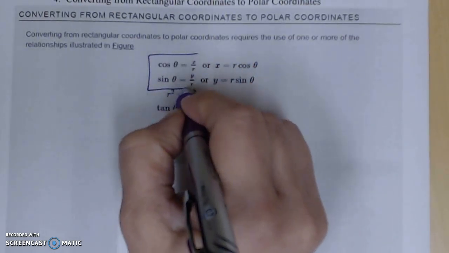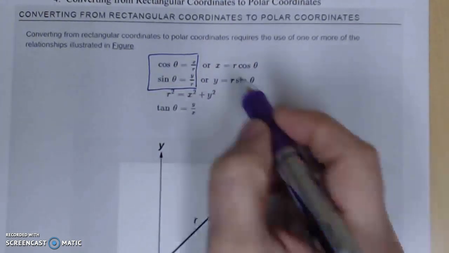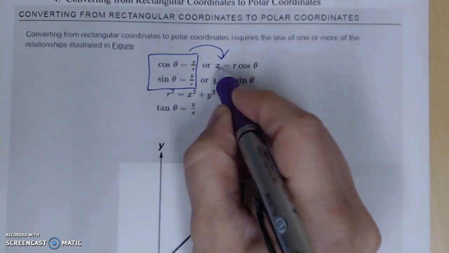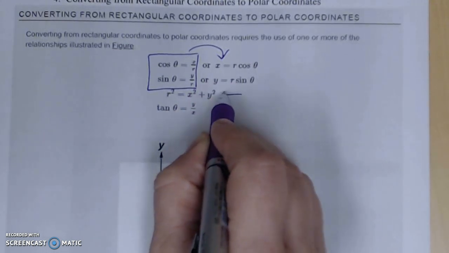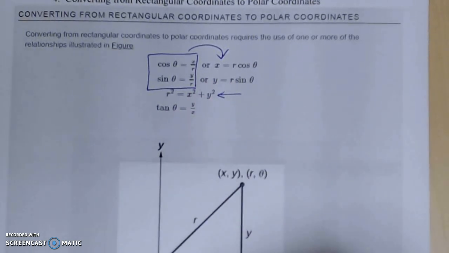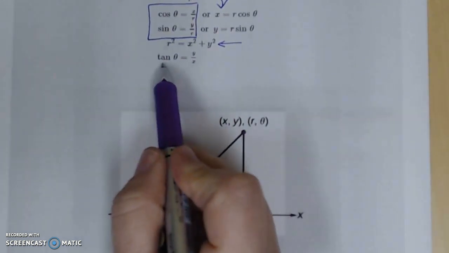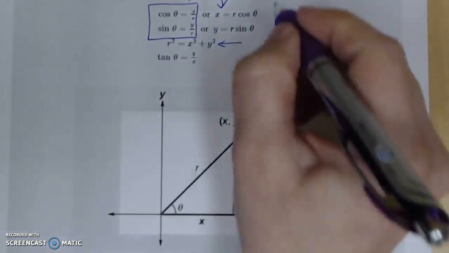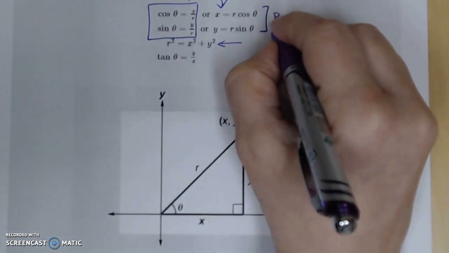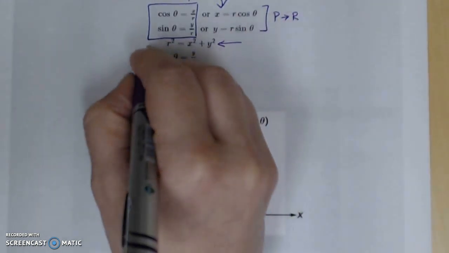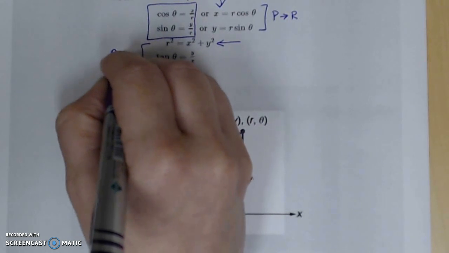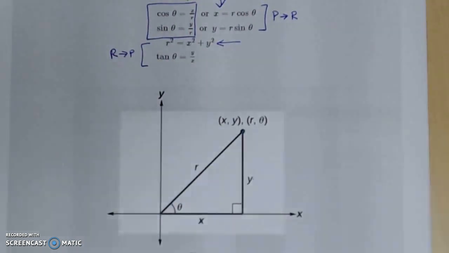We already know this information from our previous gray box, and we converted it into solving for x and y. We're going to remember our Pythagorean identity, where this is our x, y, in order to get our r squared, and then we're going to bring in tangent with this one. So with these first two, you use these a lot to go from polar to rectangular. These bottom two, you're going to go from rectangular to polar more easily with them.